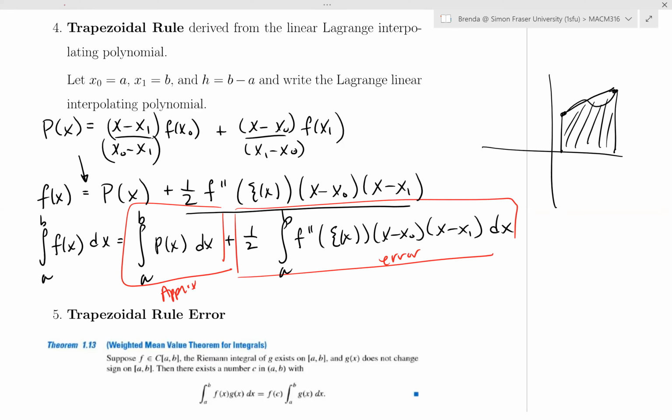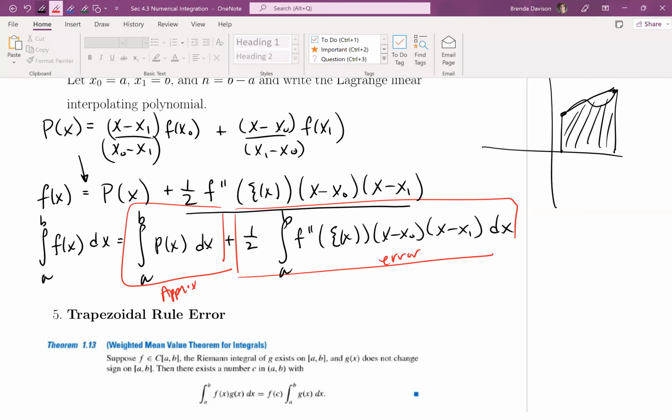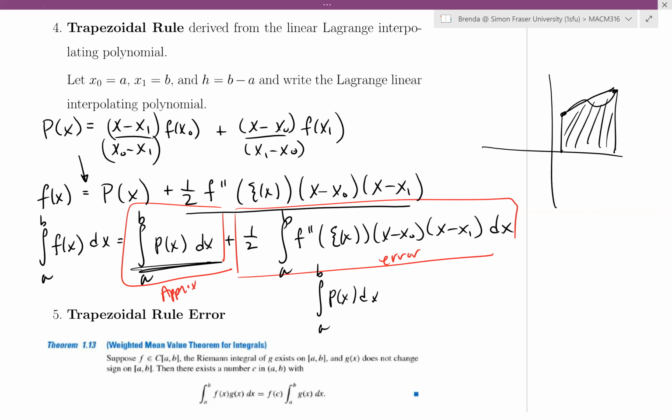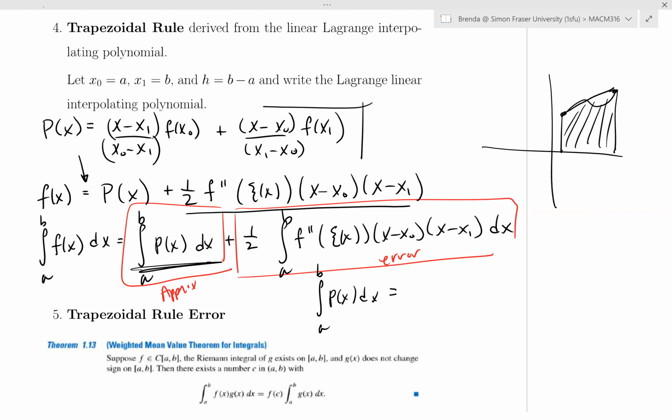Okay, let us do this integral right here, the integral from a to b of p of x dx. That is, I'm integrating this. Not that bad, right? x is a variable, and the rest of the stuff is numbers.